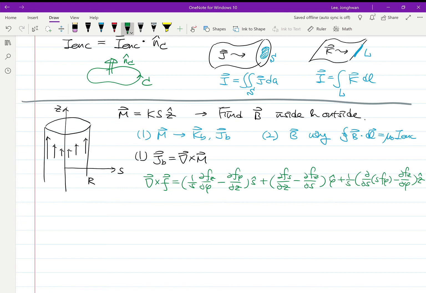Now we know that M only has a z direction, so M_z equals k s, and the derivative with respect to phi equals 0, and everything else is 0.